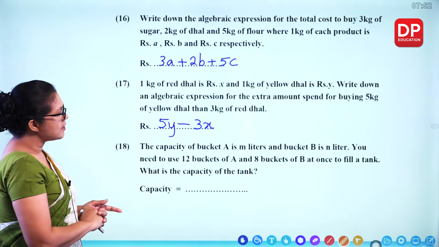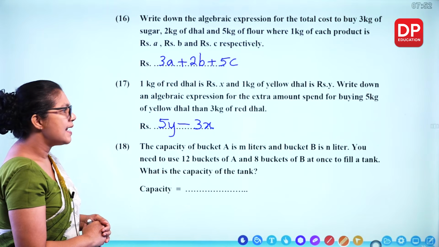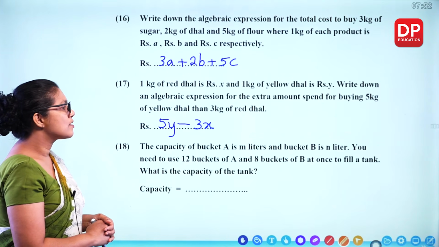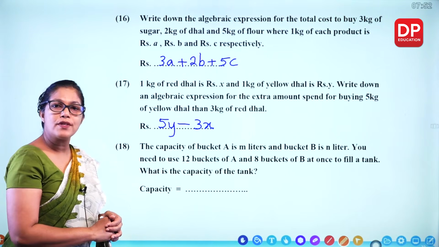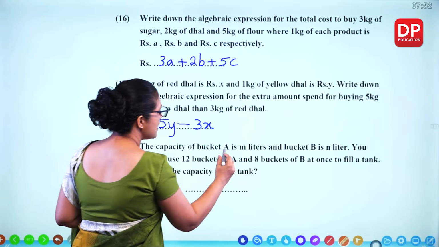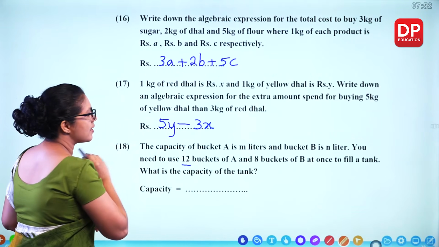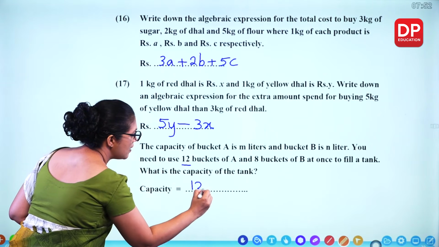The capacity of bucket A is M liters and bucket B is N liters. You need to use 12 buckets of A and 8 buckets of B at once to fill a tank. What is the capacity of the tank? What's the total amount from A buckets? Here 12 A buckets, M liters each, so 12M.